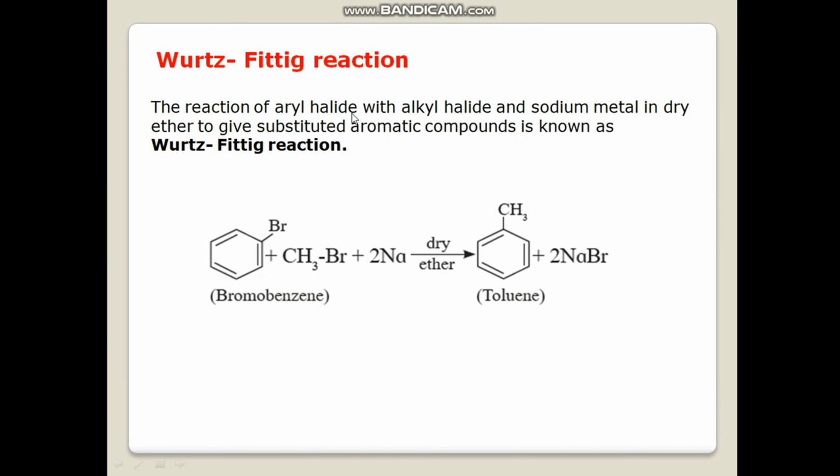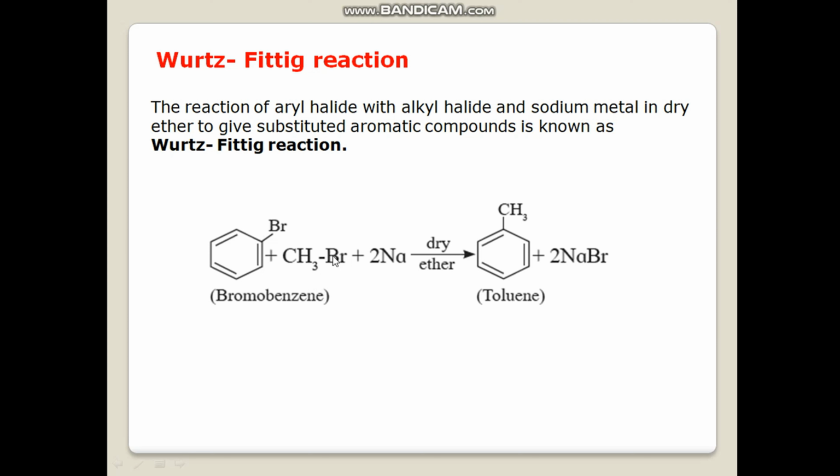Then the Wurtz-Fittig reaction. The reaction of an aryl halide, such as bromobenzene, where a halogen group is attached to an aryl group, with an alkyl halide and sodium metal in dry ether to give a substituted aromatic compound is known as the Wurtz-Fittig reaction.